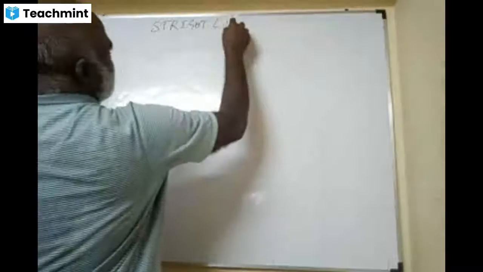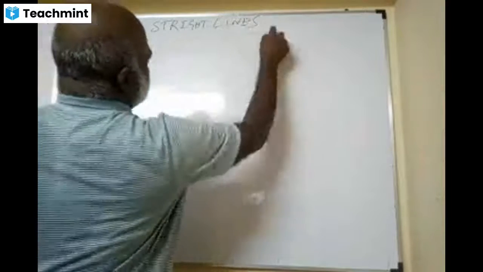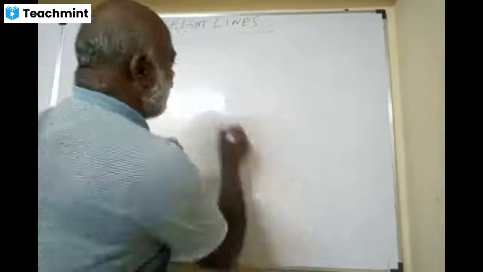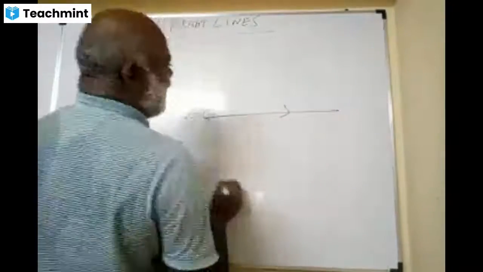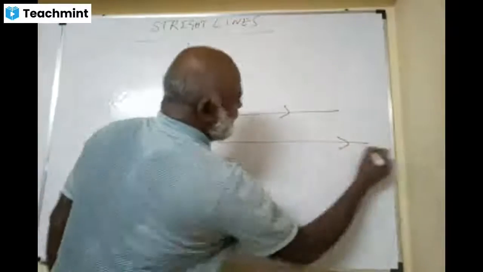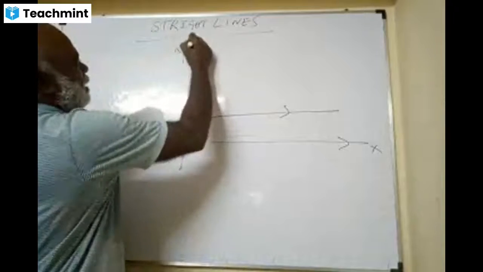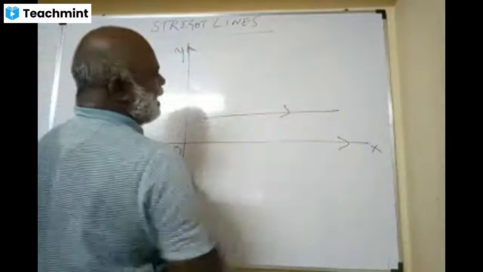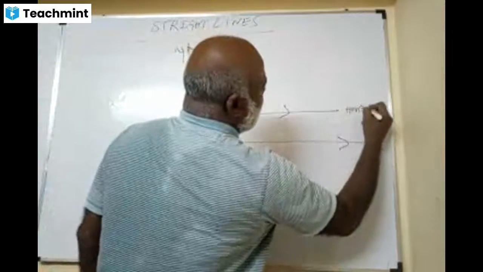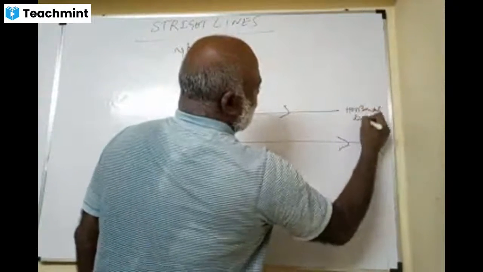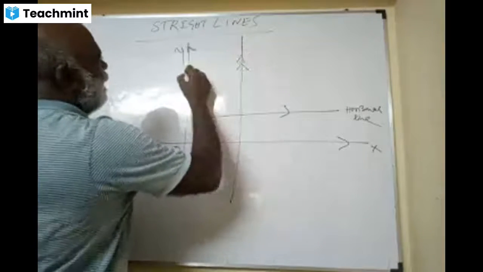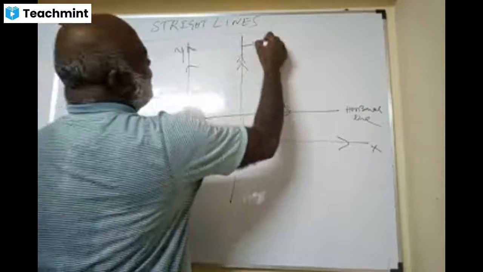Friends, if I draw a line parallel to the x-axis, in the coordinate system with x-axis and y-axis, this line is also called a horizontal line, and this line, which is parallel to the y-axis, is called a vertical line.